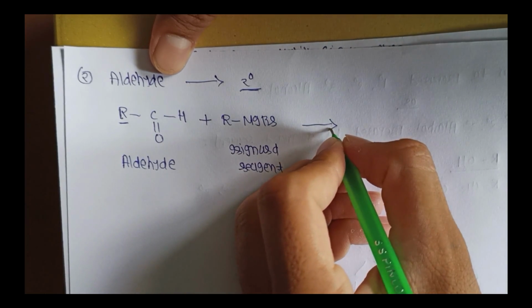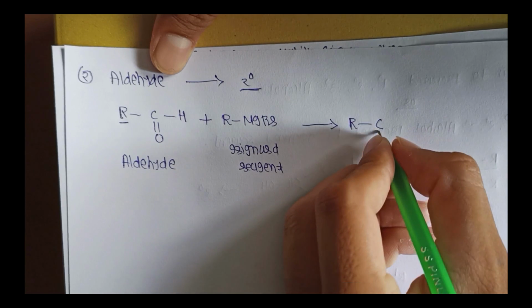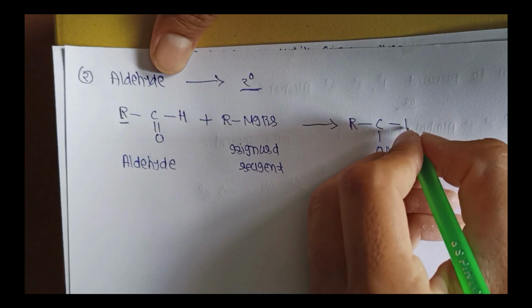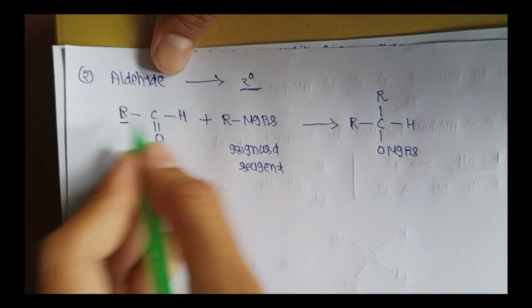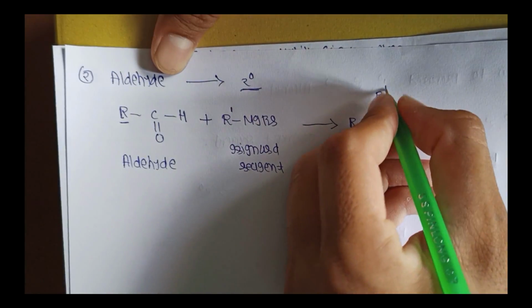First step: R, C, O, Mg, Br, here H, and here R'. Both R groups are not the same, that's why R dash.